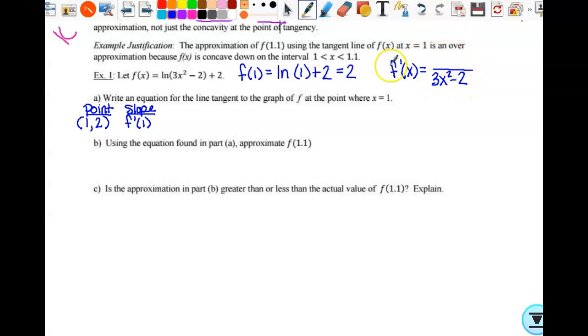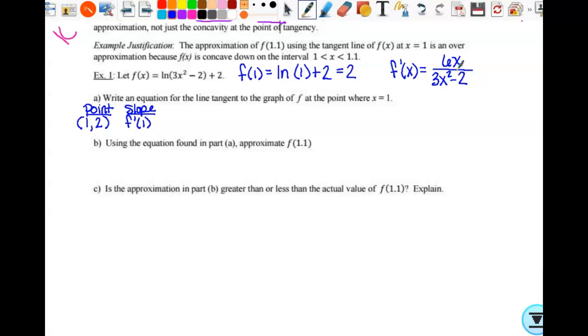And then the numerator is the derivative of whatever's in here. So the derivative of 3x squared minus 2 is just 6x, and then when I take the derivative of 2, it's 0. Okay with that? We've been writing that as 1 over that times 6x, but it ends up being that. We should be able to jump there.